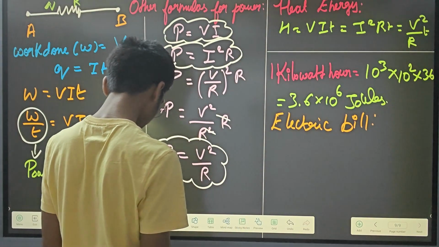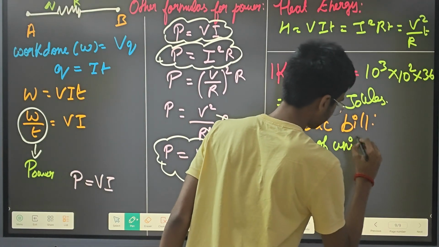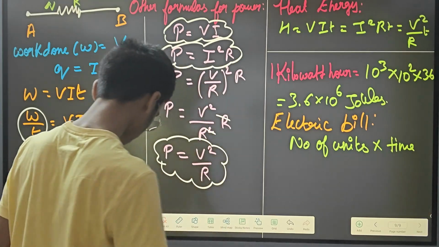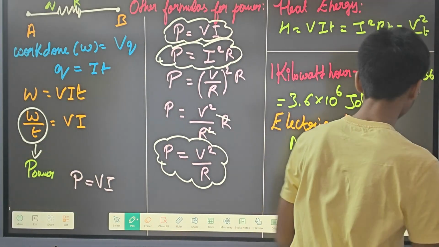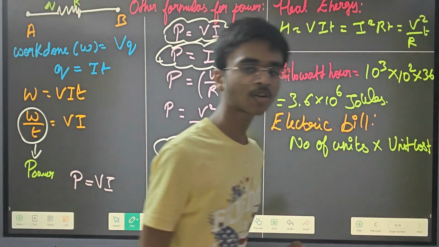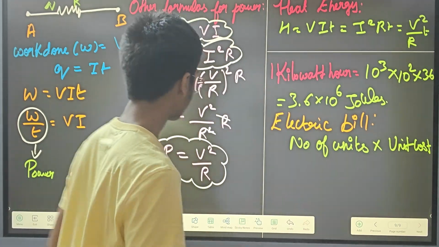So electric bill is equal to number of units into unit cost. Sorry, unit cost. This unit cost will be given in the question paper itself, and it differs from place to place.